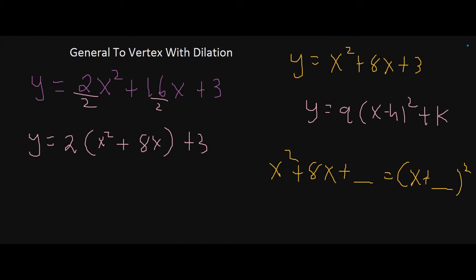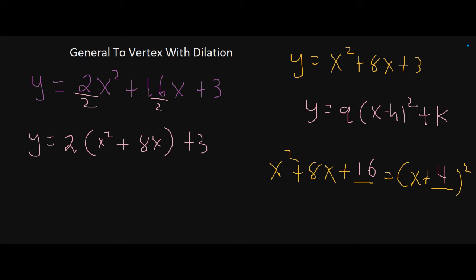All right, well, what do I do to get this number in here again? Well, if we look back on the previous video, all we do is take this term and divide it by 2. If we divide 8 by 2, we're going to get 4. And then what do we do with the 4 to get the number that goes here? Well, 4 times 4, which gives me 16.